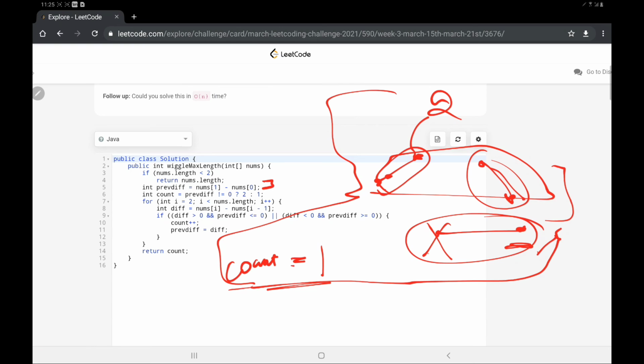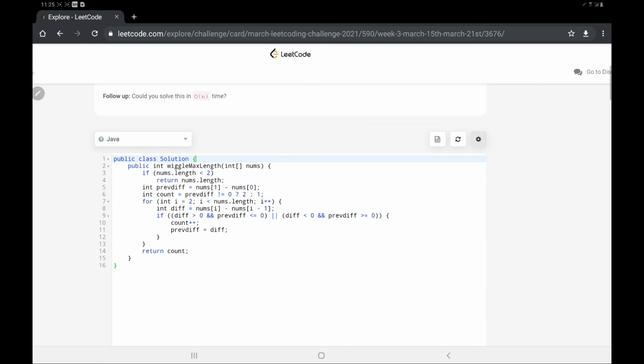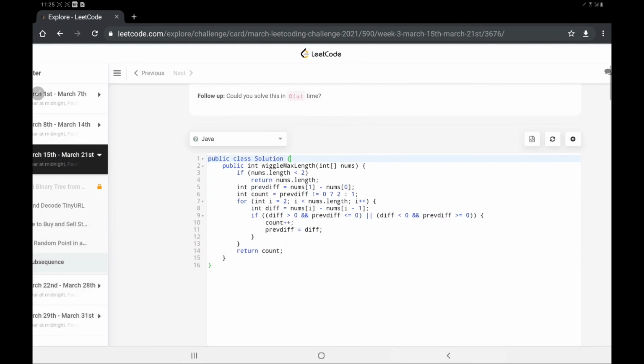So this is how, for the base case, we are setting the values and using this to get the final result. Now what we are doing here is checking that if the difference of this number with the previous value is greater than 0, then the previous difference should be less than or equal to 0, like this.